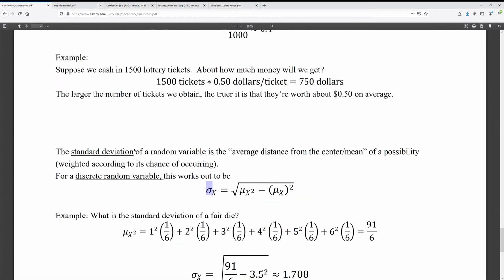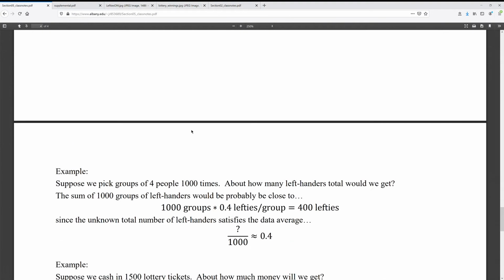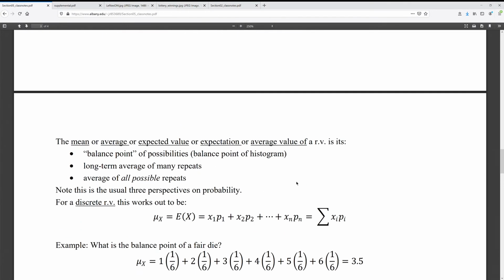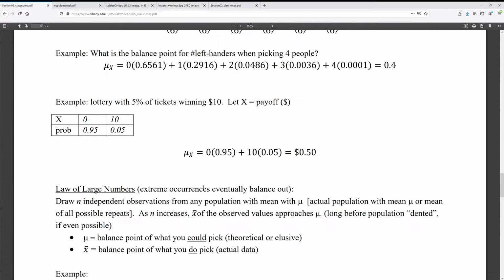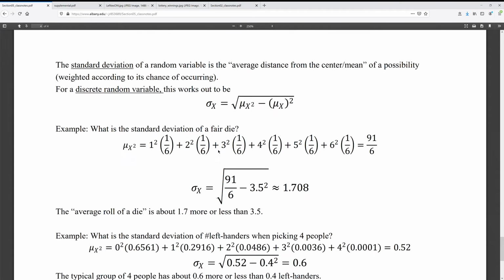The standard deviation of possibilities is a more abstract concept, so we use lowercase sigma. Remember, that was capital Greek S for sum, lowercase Greek s for standard deviation, for an abstract standard deviation, the standard deviation of possibilities.